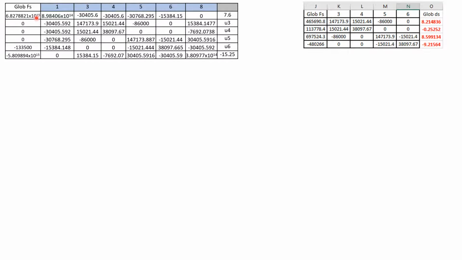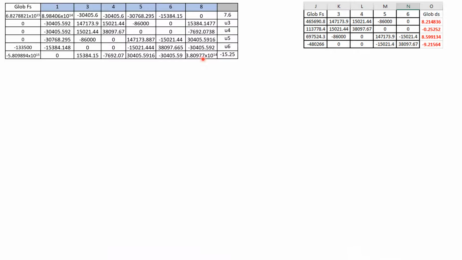Then another specified value is introduced at 8. So the original cell value here at 8, which was 38097.67, is multiplied by a very large value, 1 times 10 to the 10, and it becomes 3.80977 times 10 to the 14.